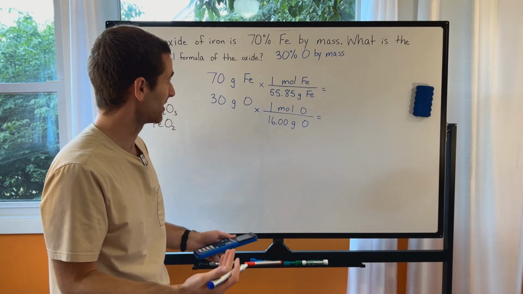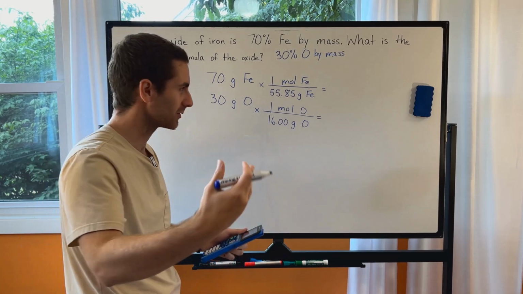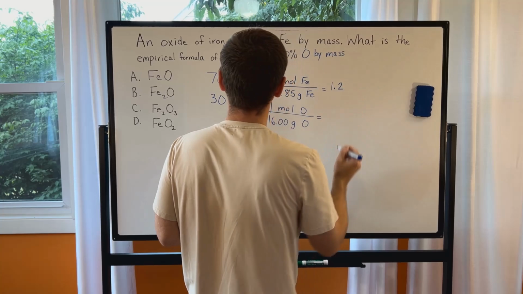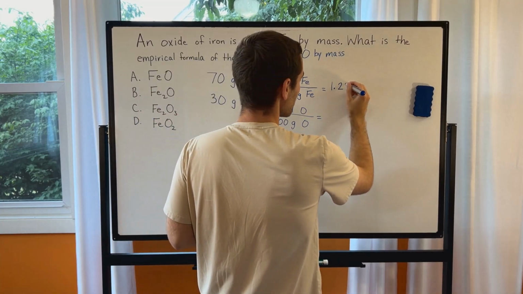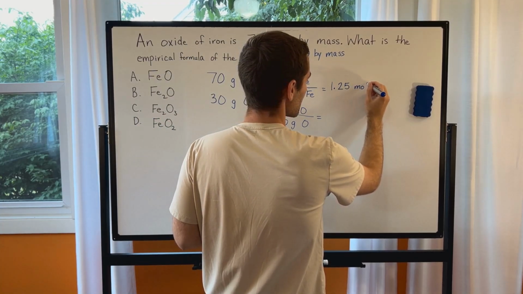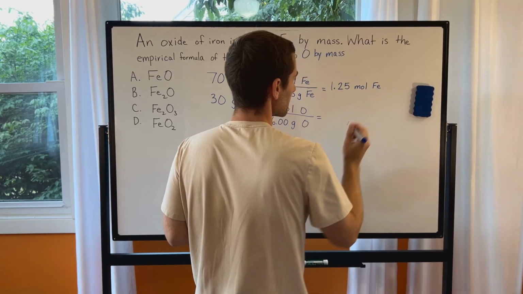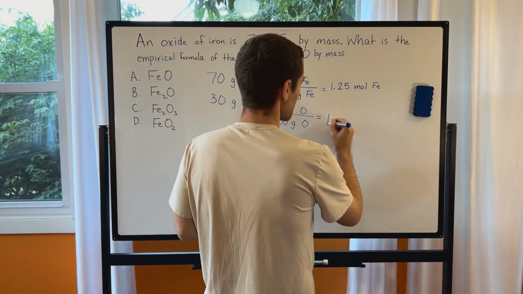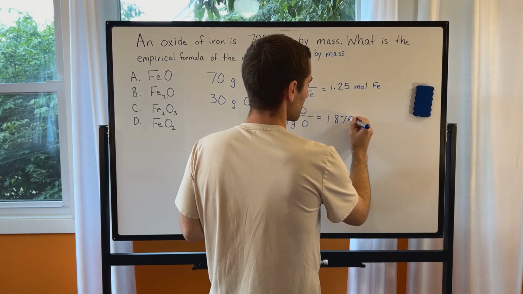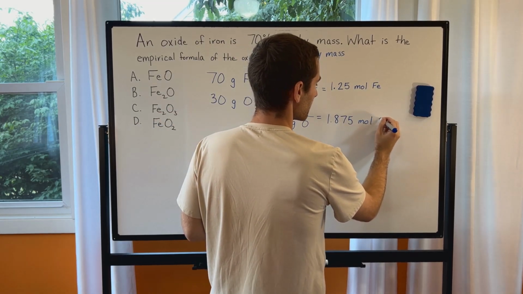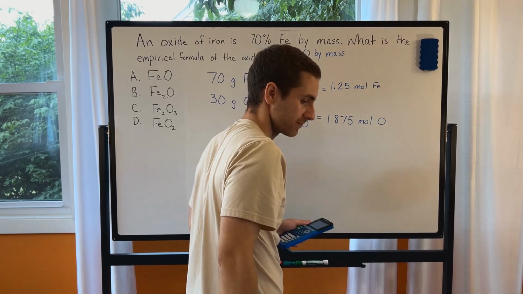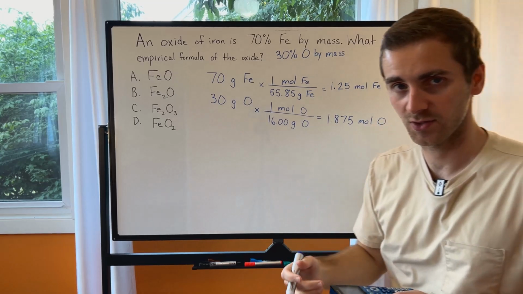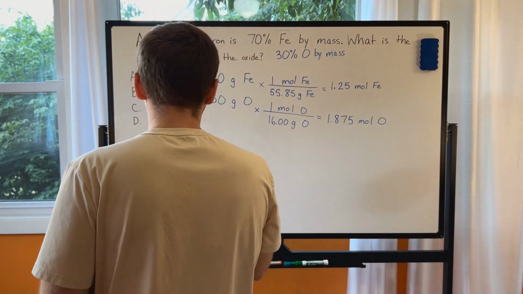Hopefully you've already given this a try, and hopefully you're doing this correctly. So this is roughly 1.25 moles of Fe, and this is exactly 1.875 moles of oxygen. So we find the moles of each element, and then we divide by the smallest number of moles.